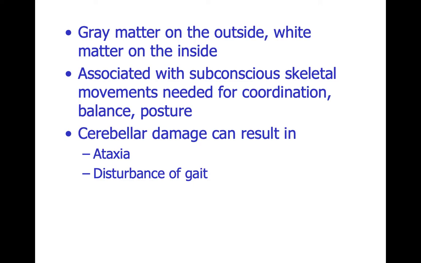That's gait. Disturbance of gait is your ability to walk properly. And last but not least is severe dizziness. So if someone experiences damage to the cerebellum, their muscular control, their muscular coordination is going to be very, very severely compromised, as will they experience severe dizziness.